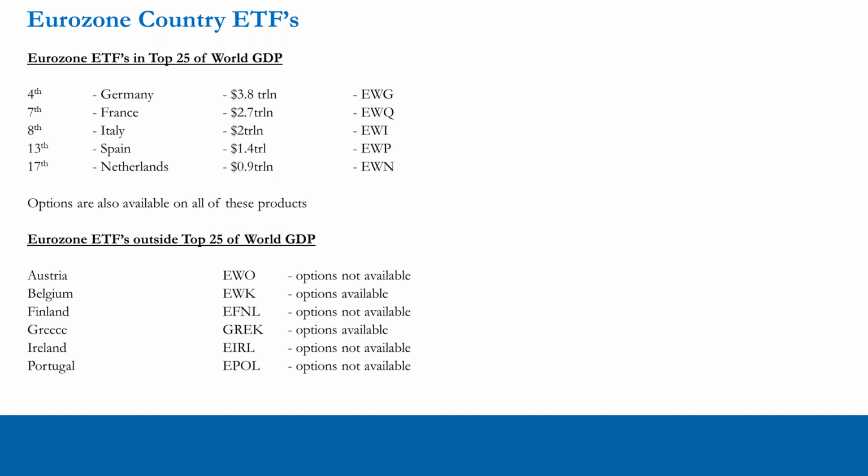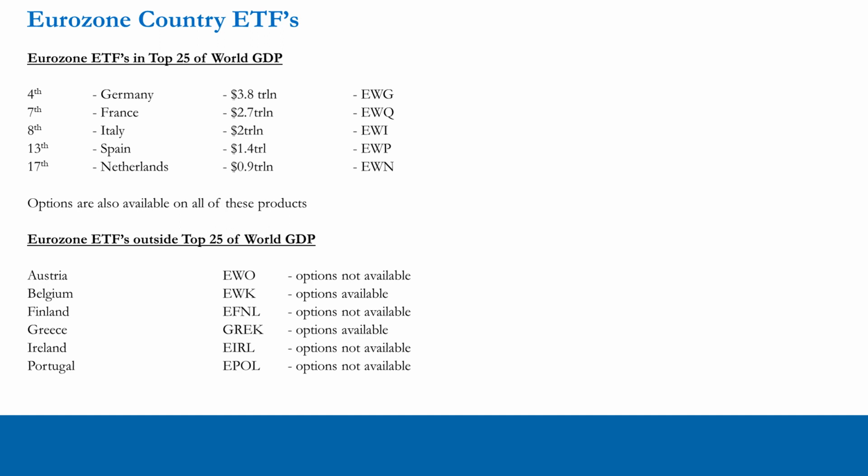So country ETFs are actually available as tradable instruments in the United States denominated in US dollars. And what we've done here is we've split up Eurozone ETFs that are in the top 25 of world GDP and ETFs that are outside the top 25 of world GDP.